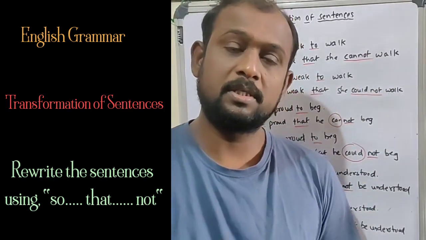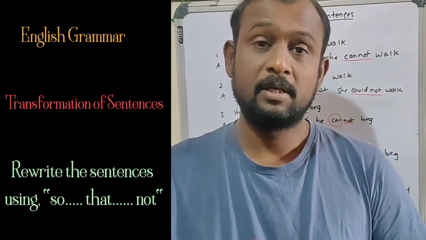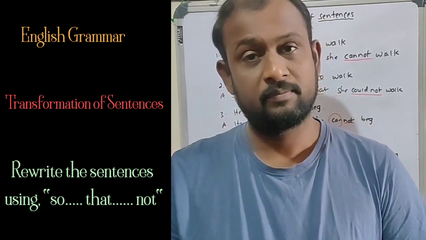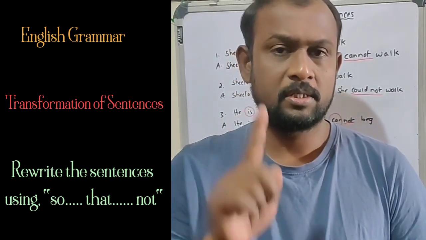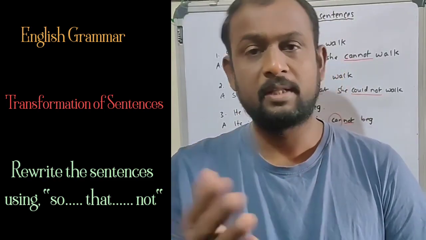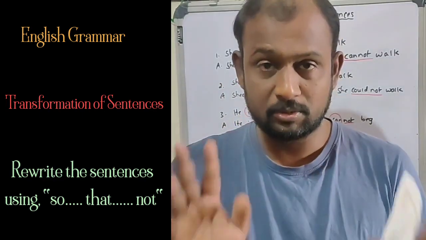Both sentences convey the same meaning, but their grammatical structures are different. That is the most important thing to be kept in mind while transforming from one form to another. The meanings should remain the same.